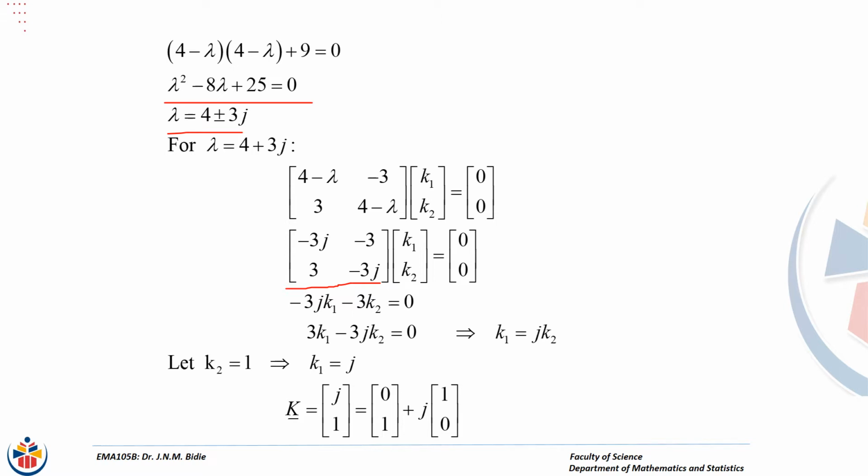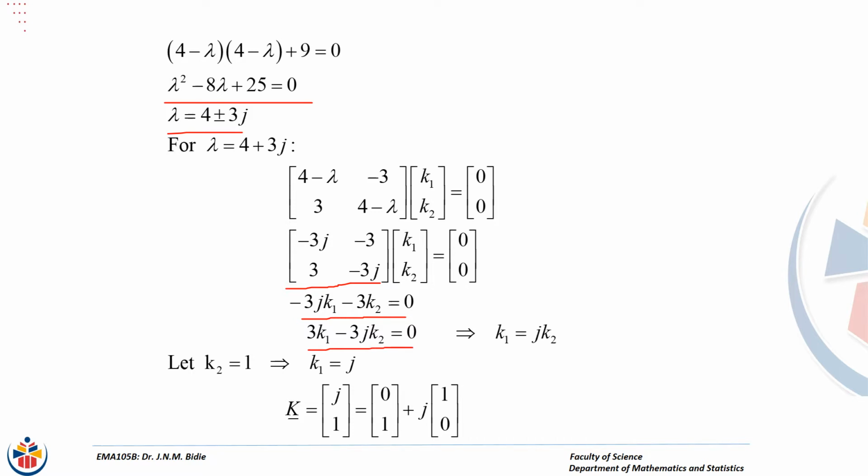Remember, we multiply by the column vector k1, k2, and equate it to the column vector 0, 0. Formulating the two equations, the first is negative 3j k1 minus 3k2 equal to 0, and the second is 3k1 minus 3j k2 equal to 0.